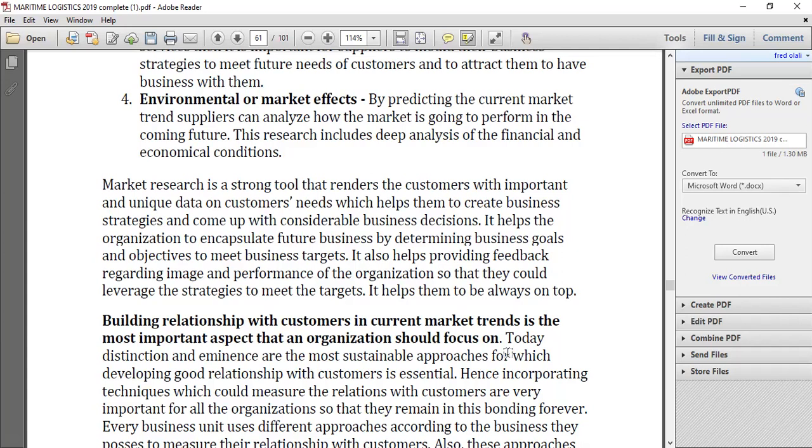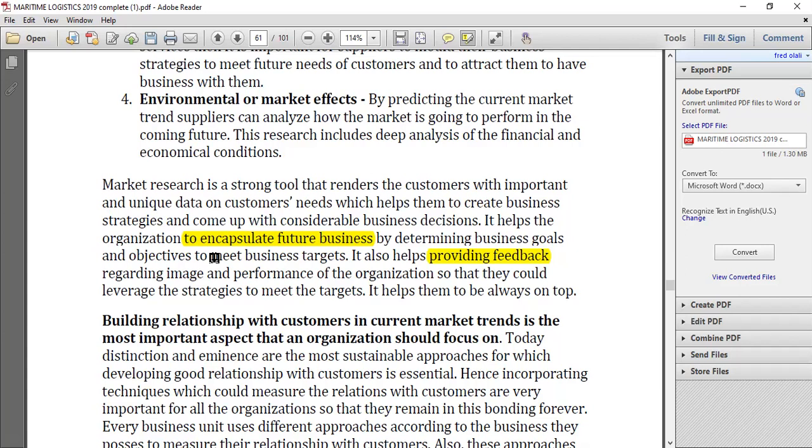So it helps the organization to encapsulate future business by determining business goals and objectives to meet the customers. It also helps in providing feedback regarding the image and the performance of the organization so that they could leverage the strategies to meet the customers, to meet the targets.